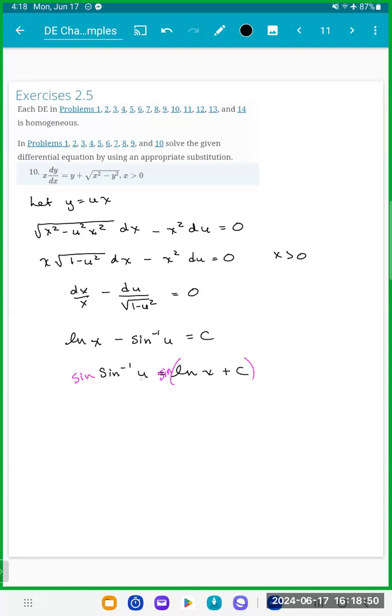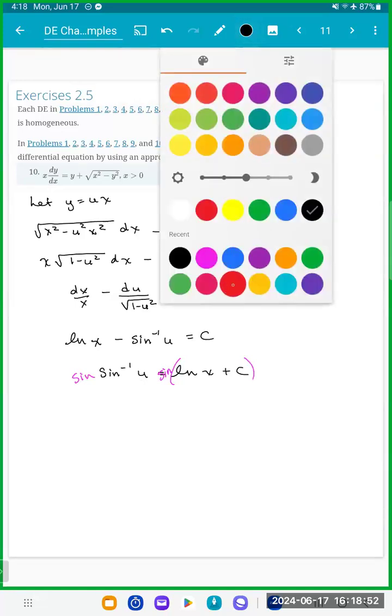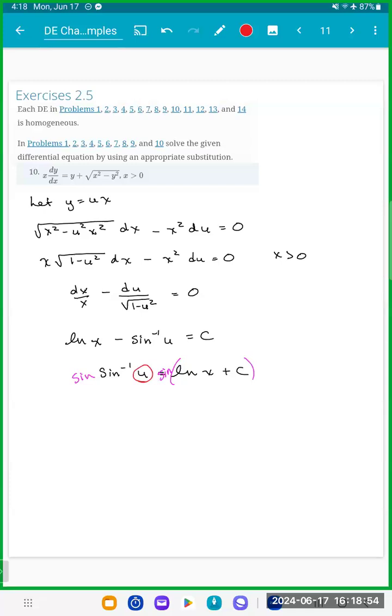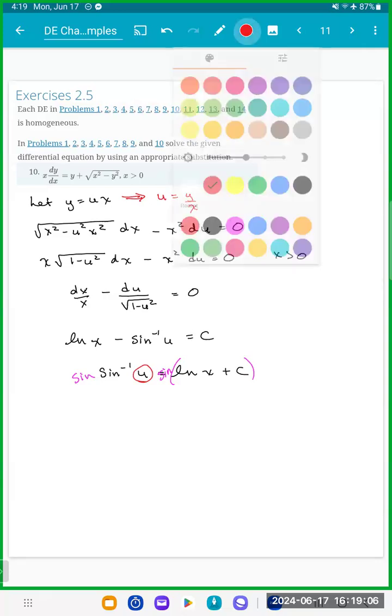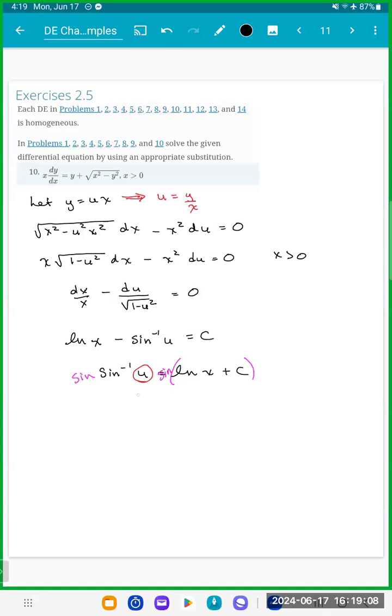In the same step, I'm going to replace the u. Remember, if y equals ux, then u is equal to y over x. So I'm going to translate that back in down here. That leaves me with y over x is equal to the sine of ln of x plus c.